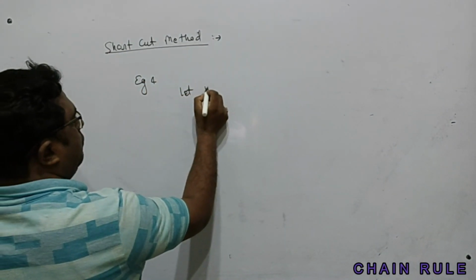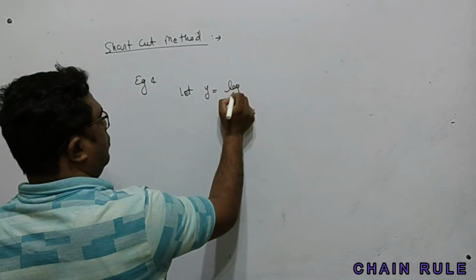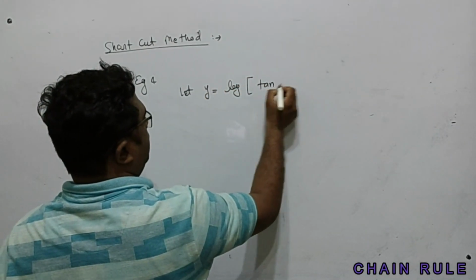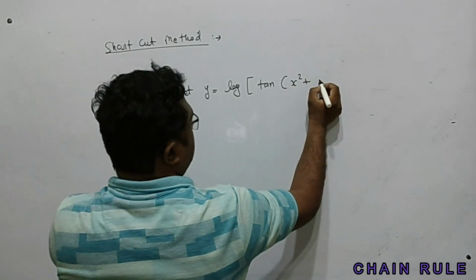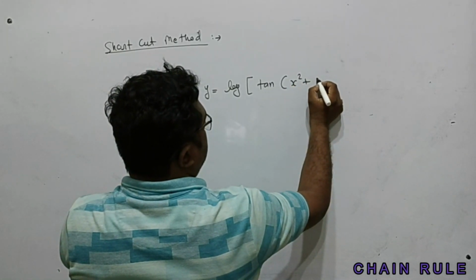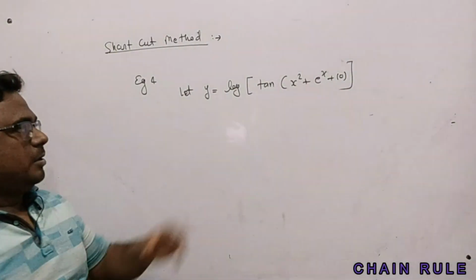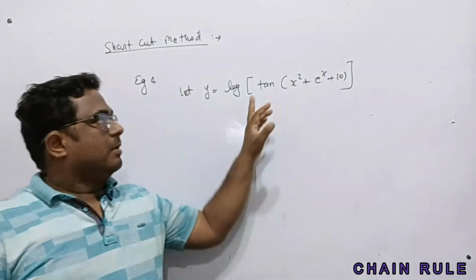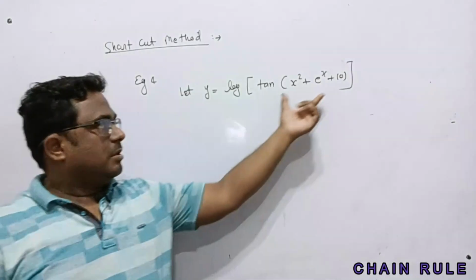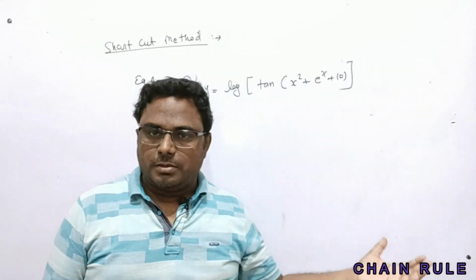Let y is equal to log bracket tan bracket x square plus e power x plus 10. So here, log is the main function, tan is the secondary function, and this bracket is the third function.